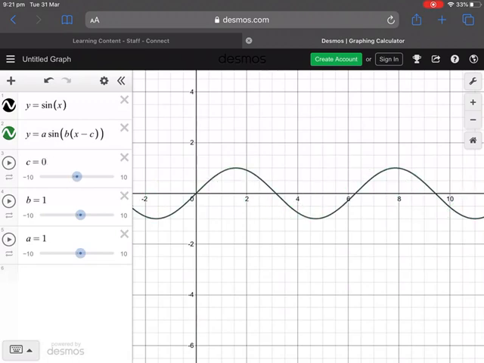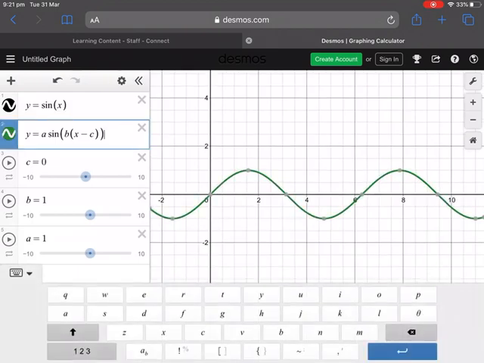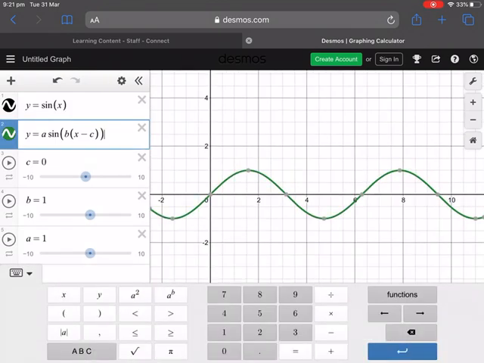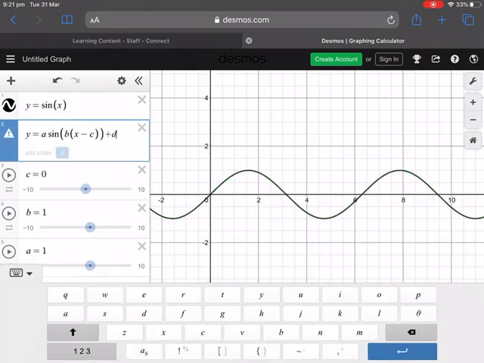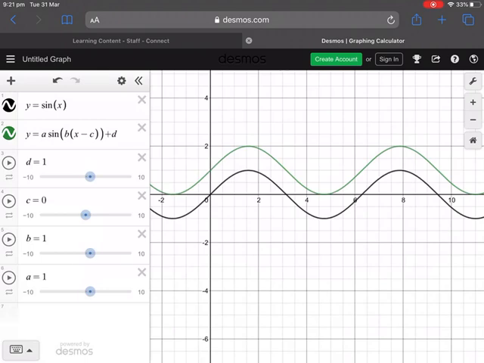Okay, and let's add one more variable, and that is a constant on the outside. So plus d. Add the slider, and you can probably guess what's going to happen here. At 0, we can see it's the same as our initial function.